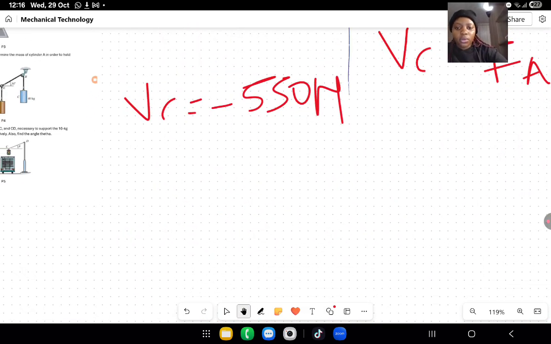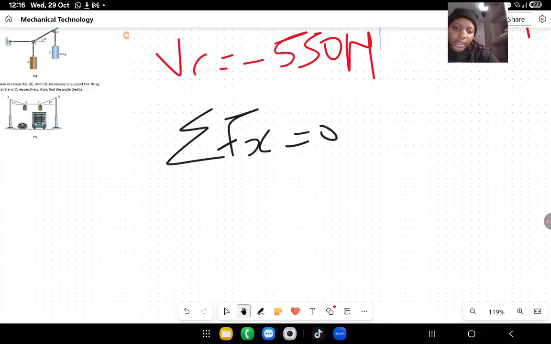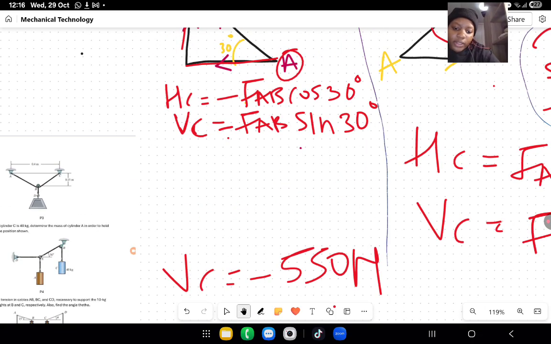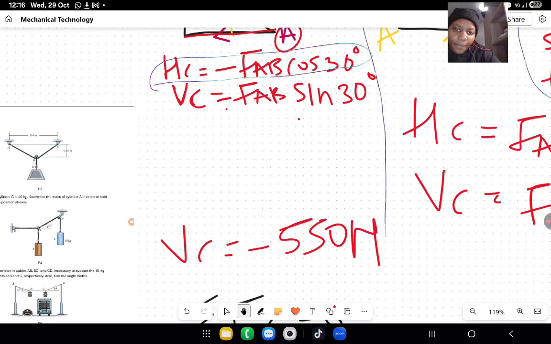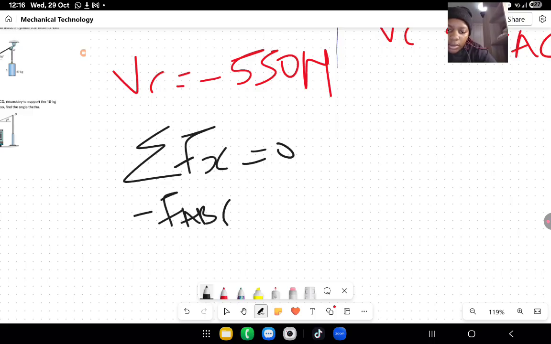So now we will say sum of the horizontal components equals 0. Then we go back here and find the horizontal components. The first one is this one: negative FAB cos 30 degrees.